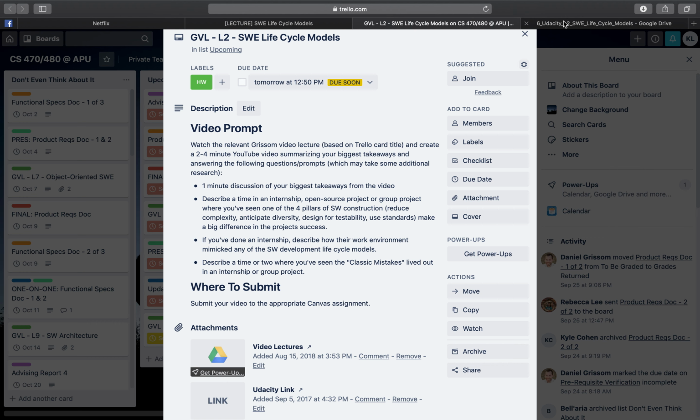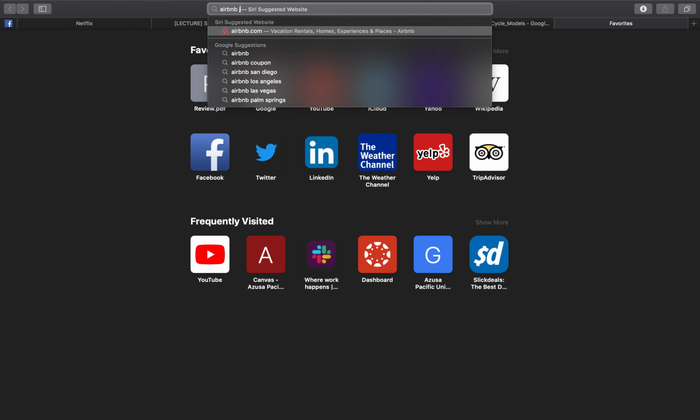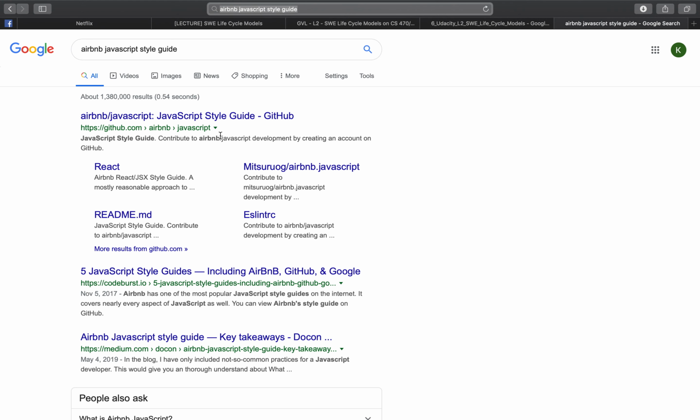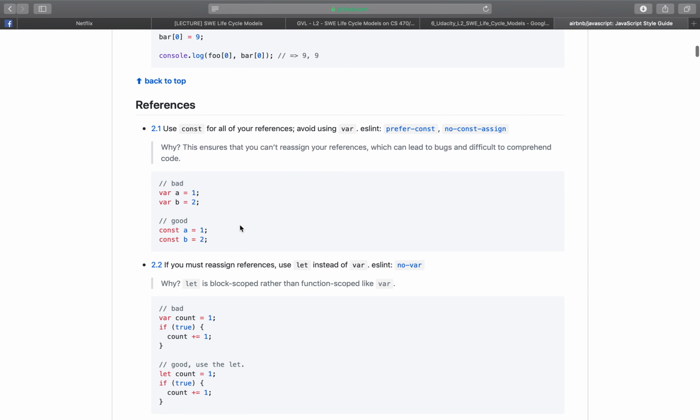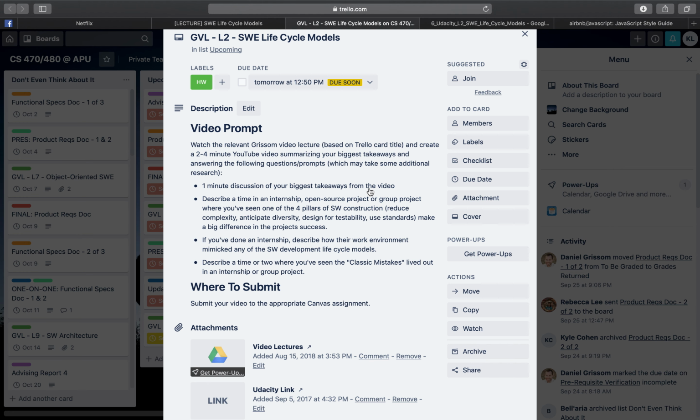I believe we're using the Airbnb JavaScript style guide. It's one of the ideas of how you should structure your code, like this is considered bad, but this is considered good. So we usually follow that for the most part.